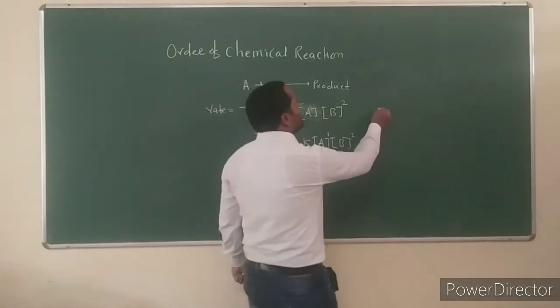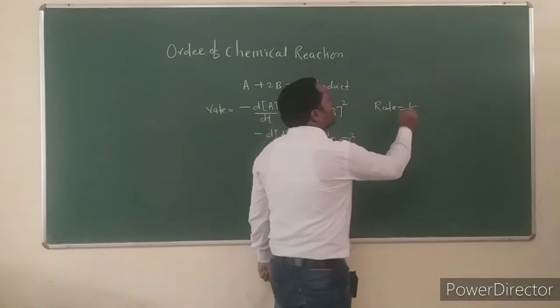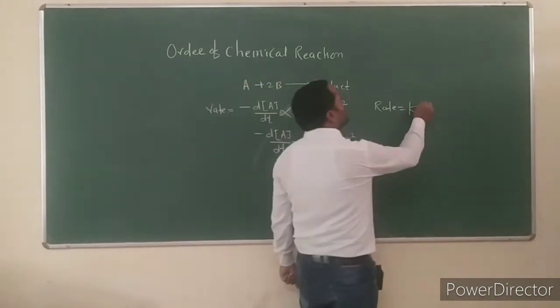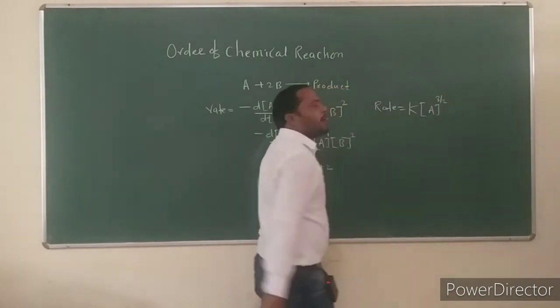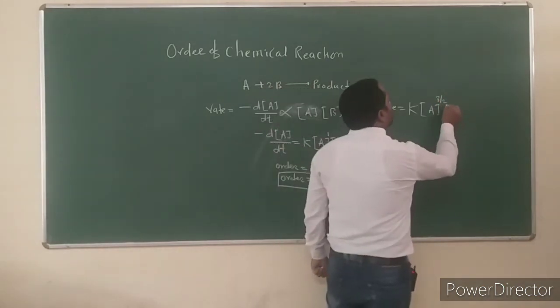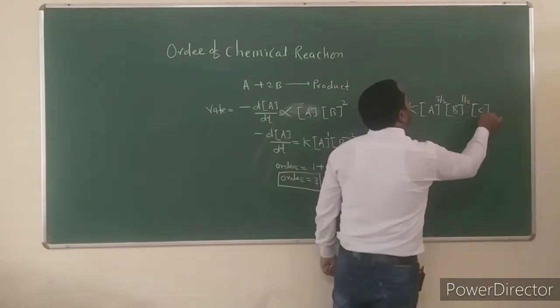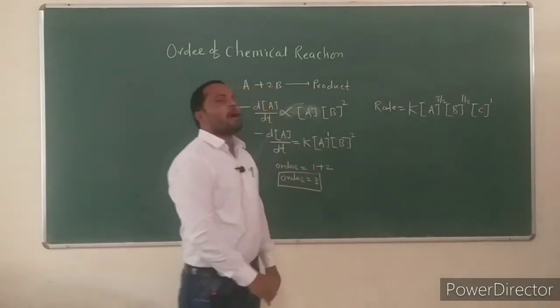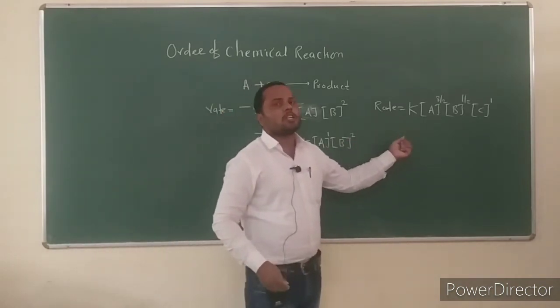Consider another example. The rate equation is given directly. The rate of reaction is equal to the concentration of A having 3/2 power, concentration of B having 1/2 power, and concentration of C having power 1. For this rate equation, what is the order of reaction?